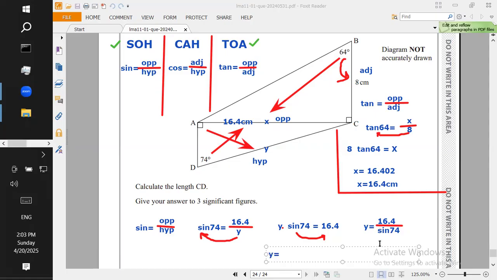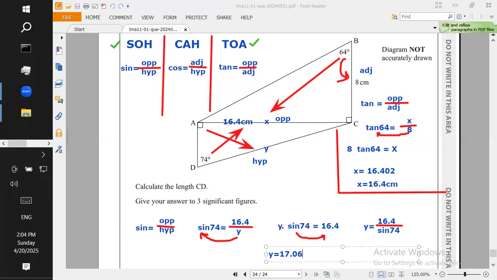So I'm going to use the calculator here, 16.4 divide sine of 74. And the answer is 17.06.